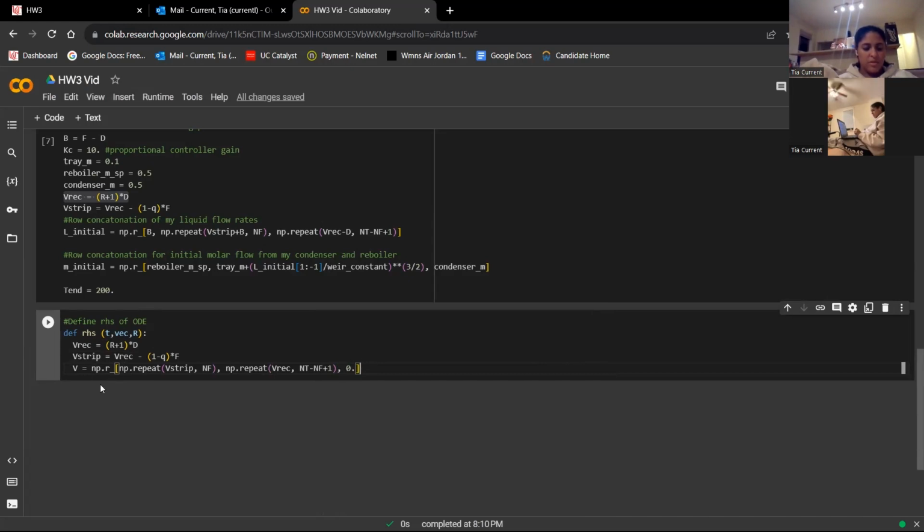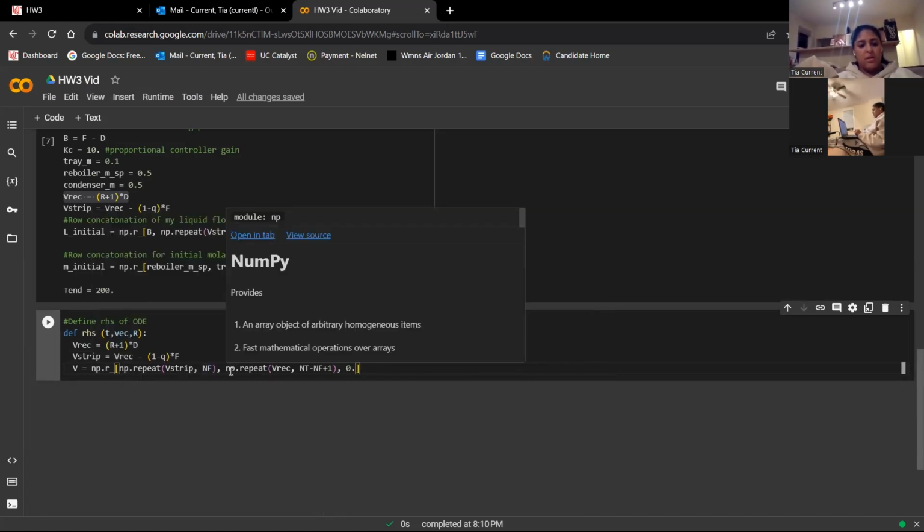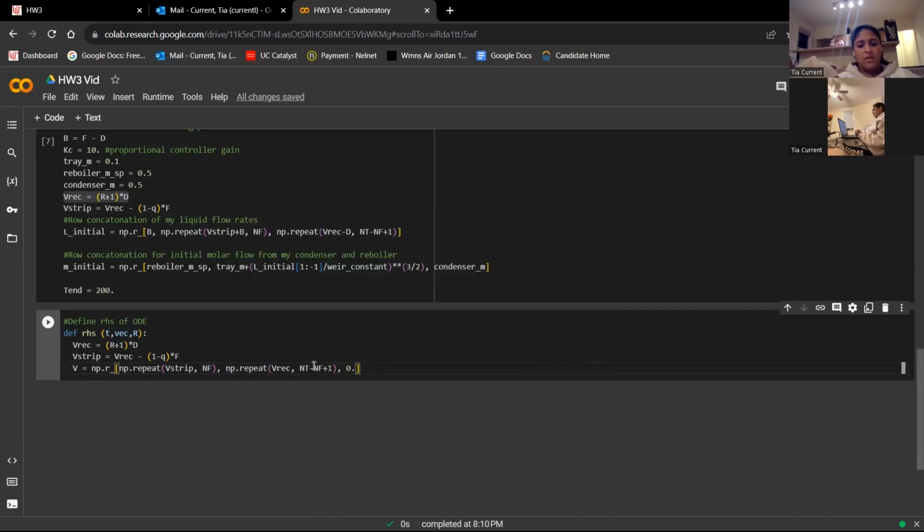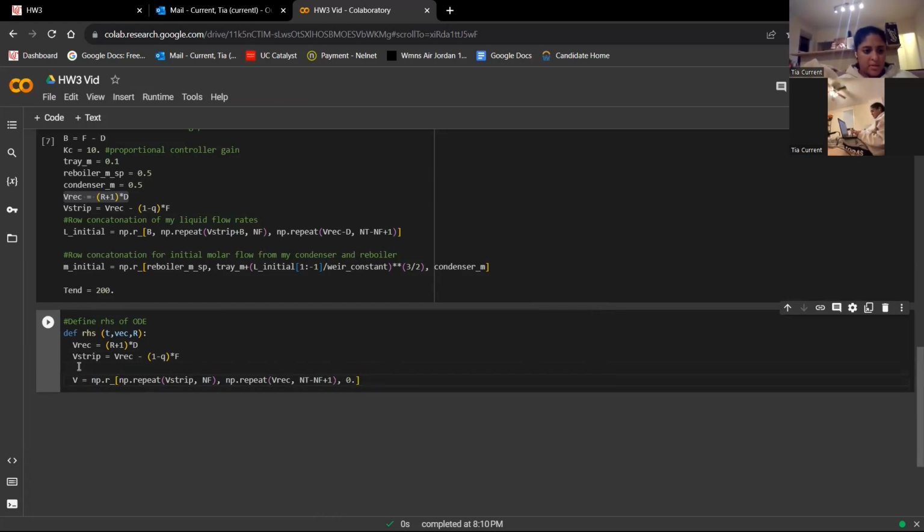So V is equal to NP dot R underscore NP repeat V strip NF NP dot repeat V rec in T, which is the number of trays minus my V tray plus 1, comma, 0. Which is my row concatenation for my vapor flow rates. I didn't need to space that.